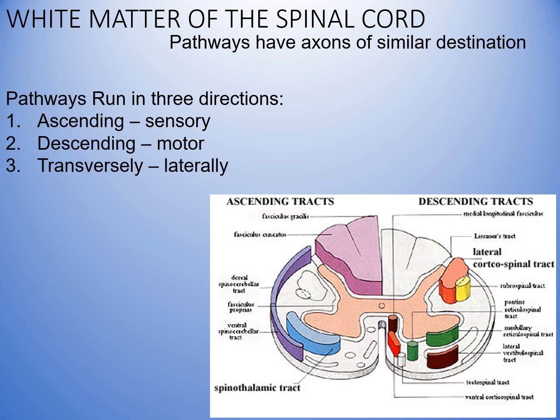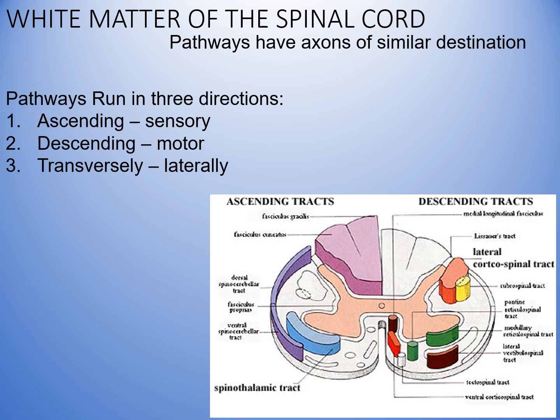Now thinking about these pathways, they all have axons that are bringing information to a similar destination. When I say that, I mean that sensory neurons that bring information that you're aware of have a similar destination in the thalamus. Sensory neurons that have information that you're probably not aware of probably go to the hypothalamus.